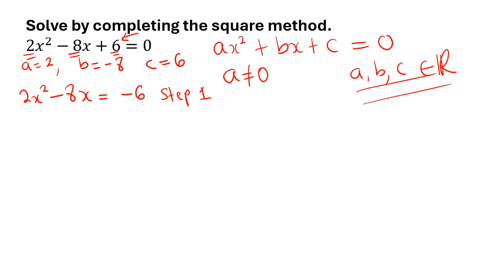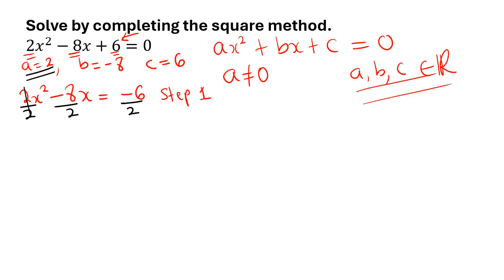What we're going to do next is divide both sides by a. Let me use a different color. This a here, which is equal to 2, you're going to divide each term by it, so dividing everywhere by 2.